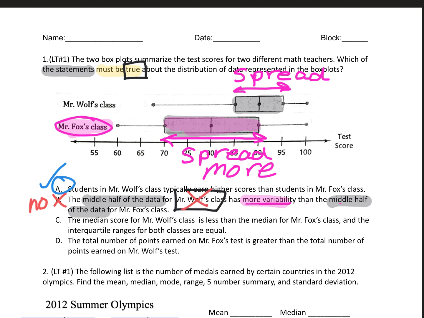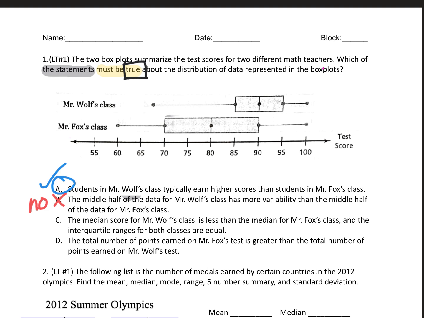So Mr. Fox has more variability, not Mr. Wolf's class. Option C says the median for Mr. Wolf's class is less. Well, the median, remember, is right here for Mr. Wolf's class, and the median for Mr. Wolf's class is 90.